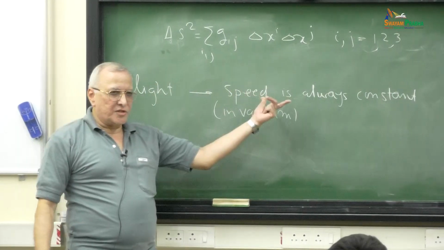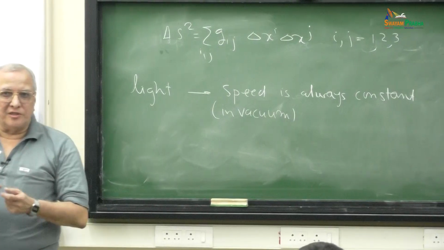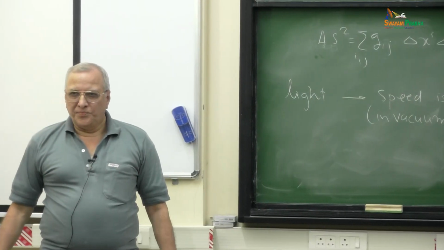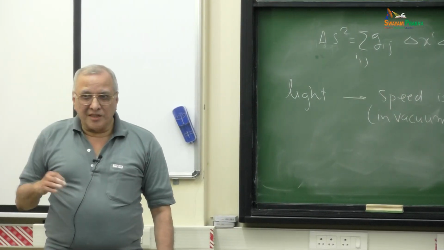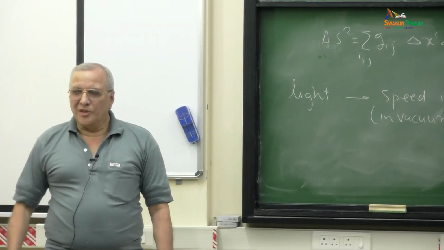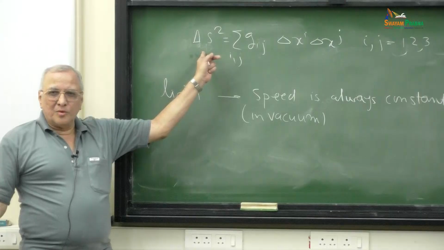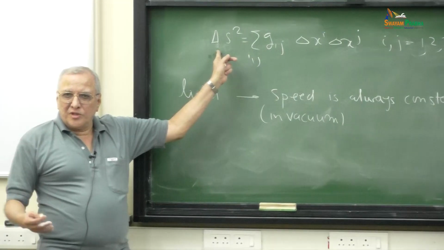This speed is always constant, and it does not depend upon whether the flashing laser is moving or not moving. That is a property of nature which has been discovered over a period with a lot of experimentation and so on. That is something that we accept. Okay. But if that is the case, what advantage do we have? Because now we are really in good shape, because this conversion from distance to time to distance is always fixed.